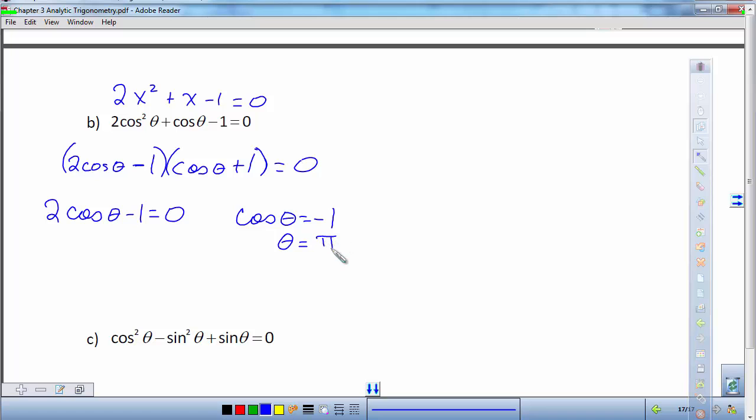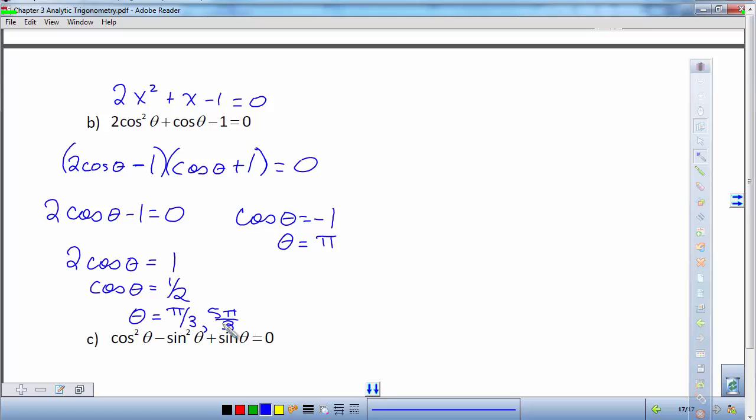And then 2 cosine theta equals 1, or cosine theta equals 1/2. Where does that happen? 60 degrees in radians, that's what? Pi over 3. Is that the only place between 0 and 2 pi? It also happens in quadrant 4, so that's going to be 5 pi over 3.